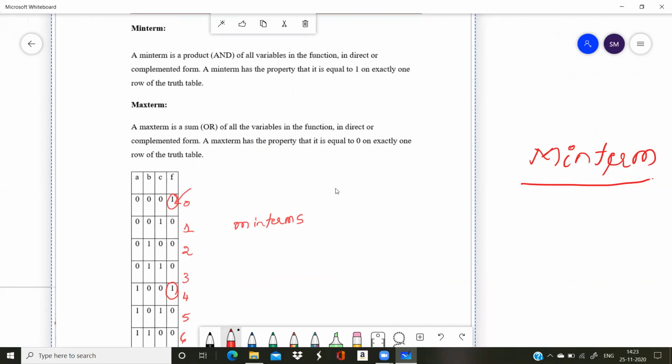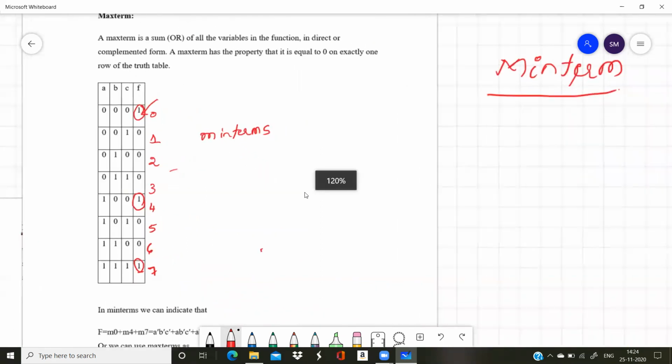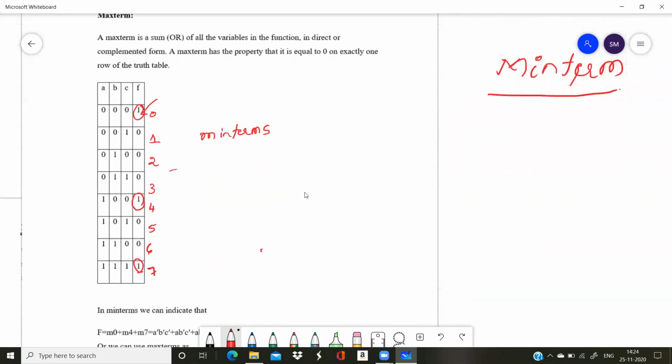That means using the min terms, we can write the sum of products form. This min term represents the product of all the terms in the complemented or in the original form.